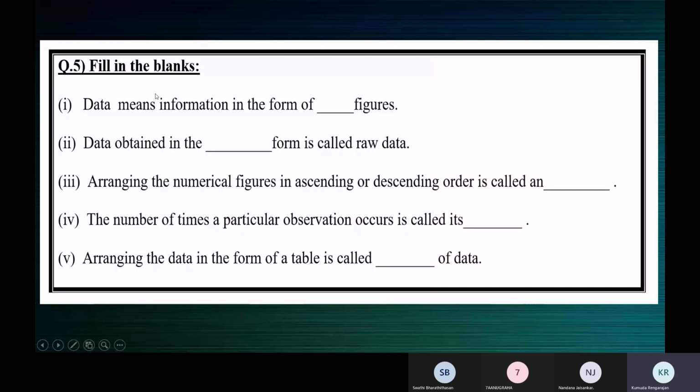Try this again, children. Somebody tell me the first one. Data means information in the form of numerical figures, ma'am. Who was this? Swati, ma'am. Okay, Swati. So data means information in the form of numerical figures.